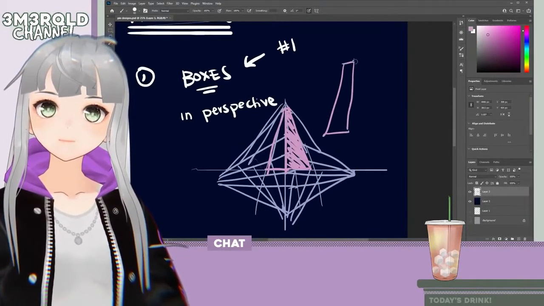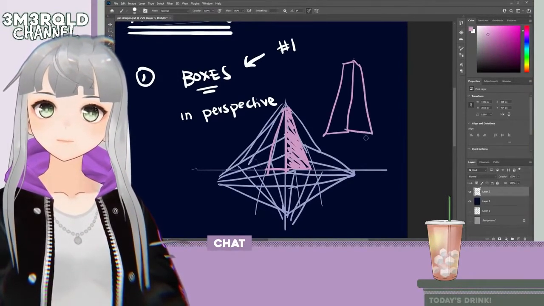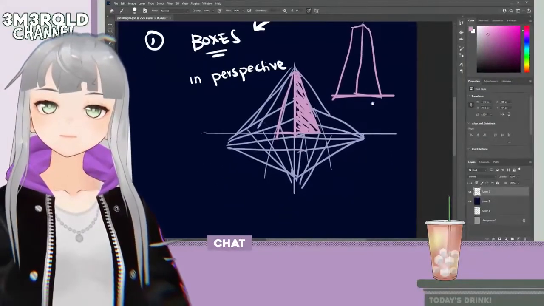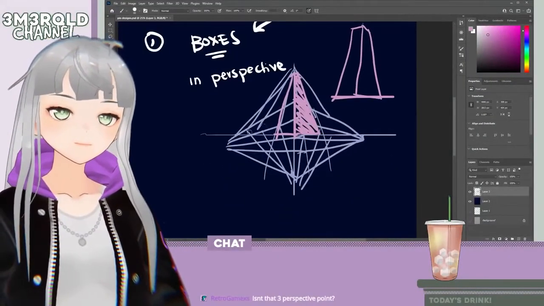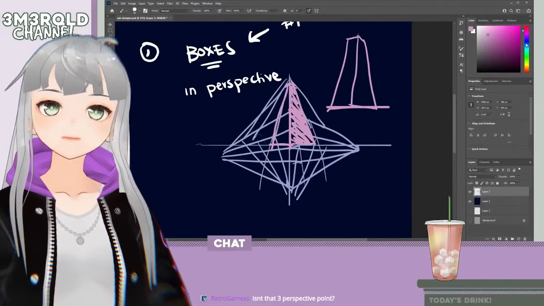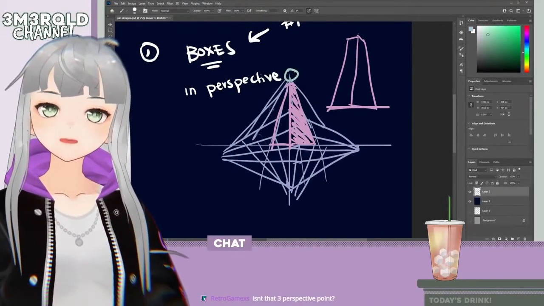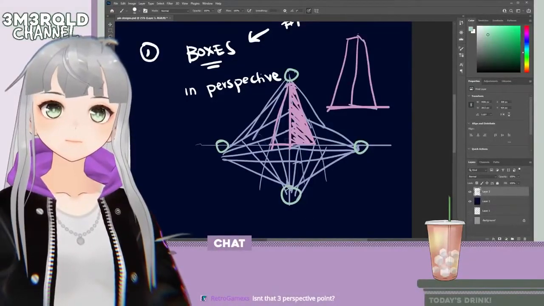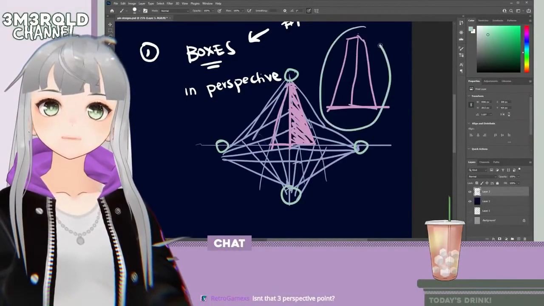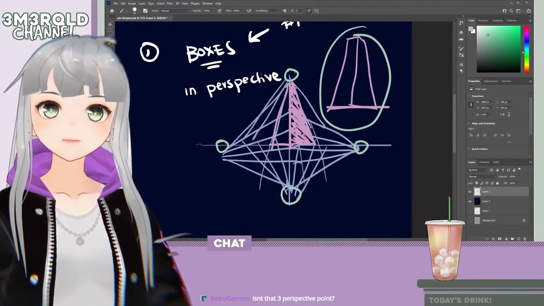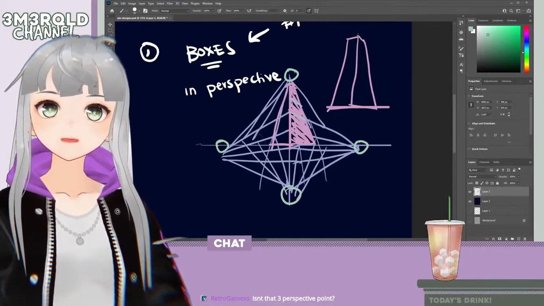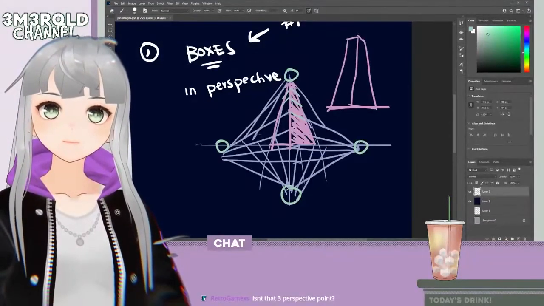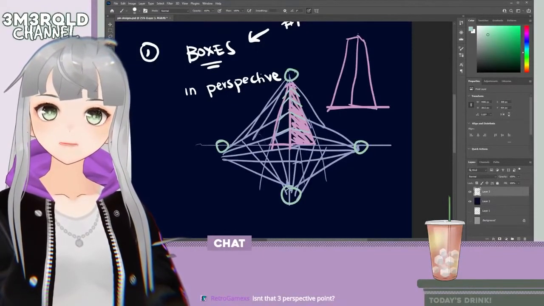No, this is 4-point. There's one here, one here, one here, and one here. Yeah, this itself is 3-point perspective. See, this is 3-point perspective. Let's say if we drew the windows in.